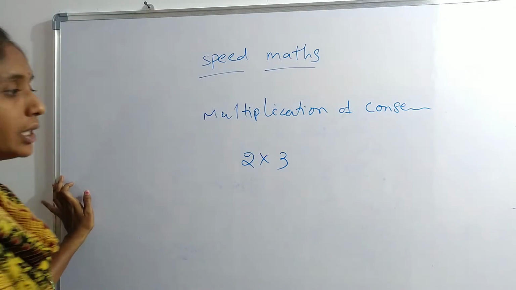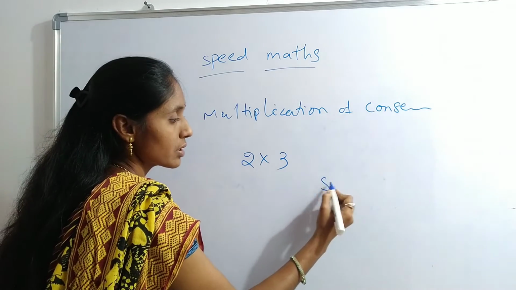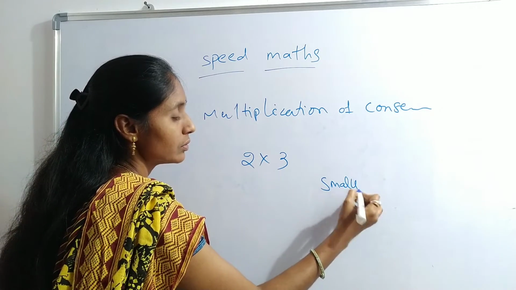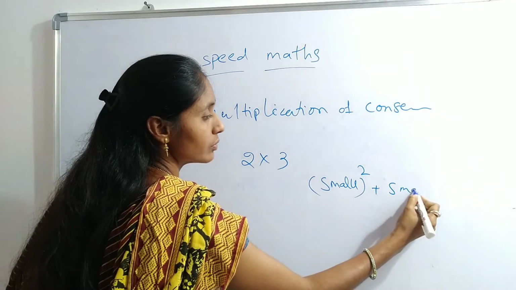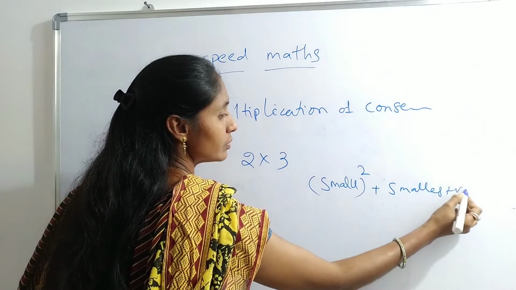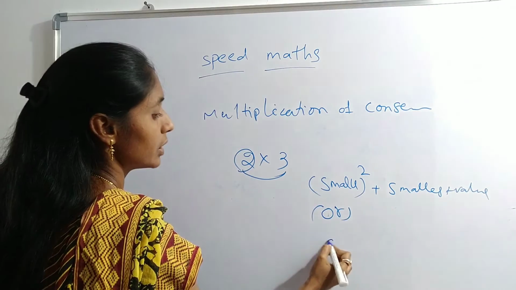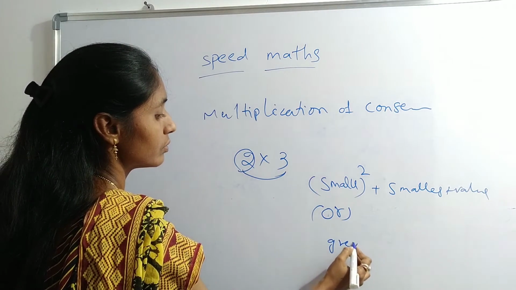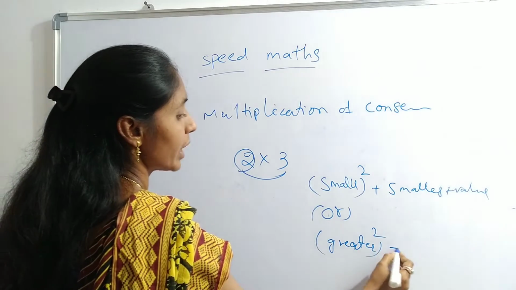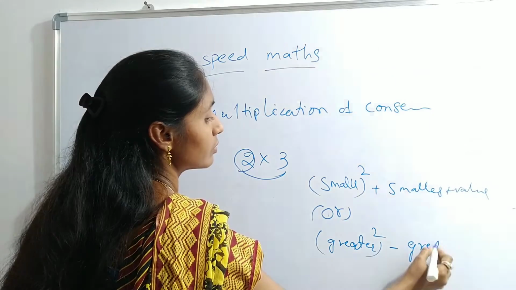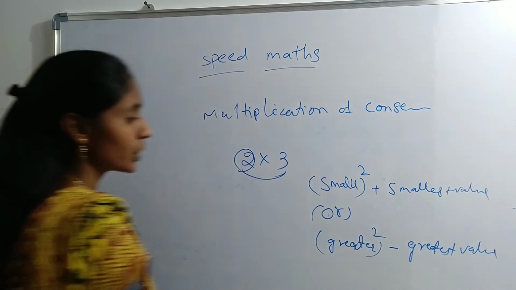Here I will write one formula: smaller value square plus smaller value, or greater value square minus greater value.